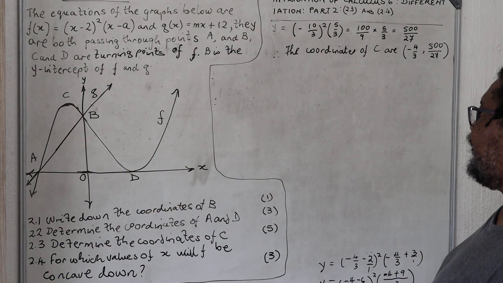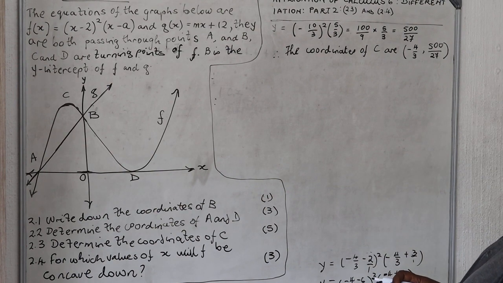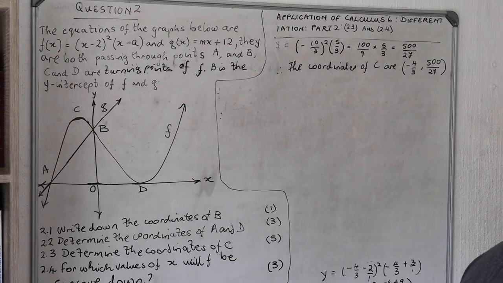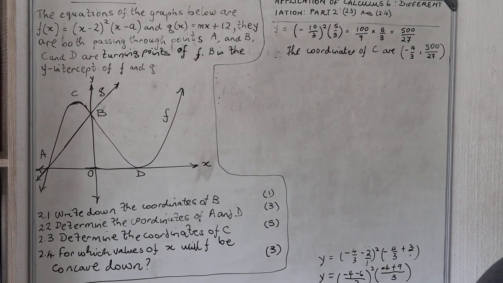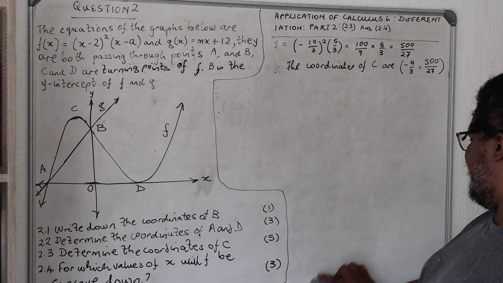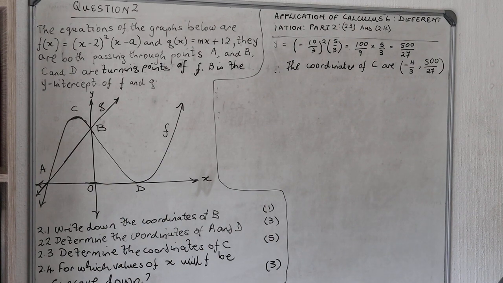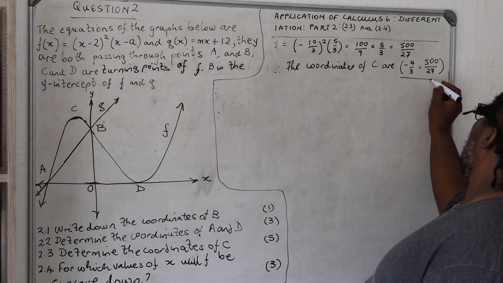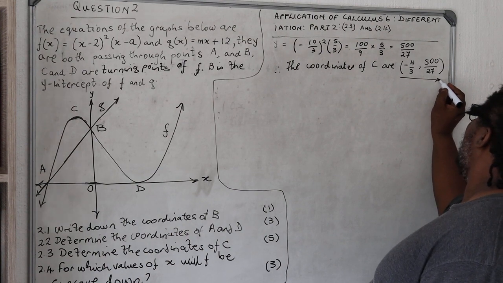And then we understand why this question is 5 marks. So we can rub that, and that gives us the coordinates of C, and our computation is done.